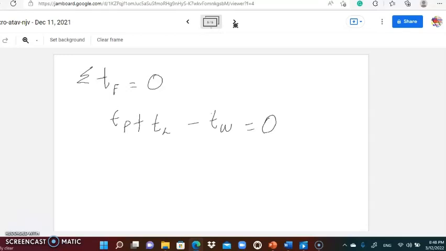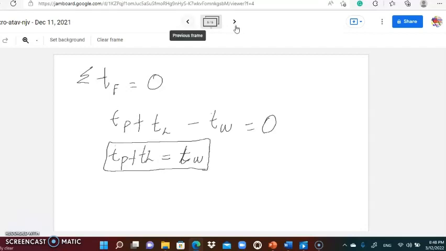So now that we have this, we know that the torque force of the person plus the torque force of the ladder must be equal to the torque force of the wall as the object is in equilibrium. Right?